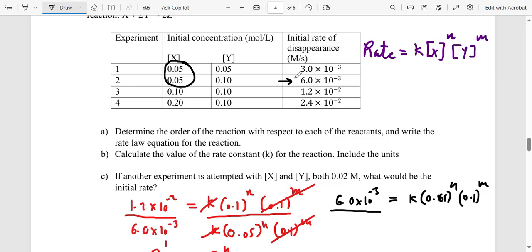The first equation, the rate is 3.0 times 10 to the power negative 3.